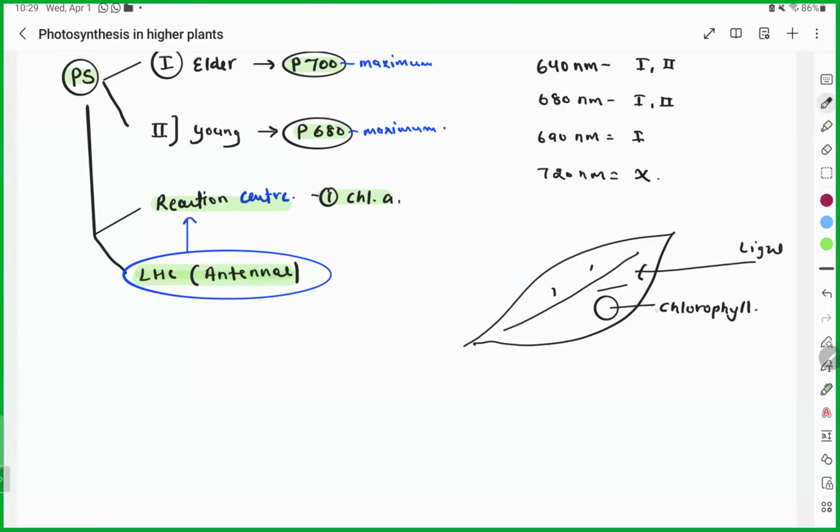Once it absorbs the light, what will happen? There will be some electron transport, and this electron transport is responsible for the energy formation. This energy later on will produce ultimately what? Wood. Makes sense? That is a summary of this topic.